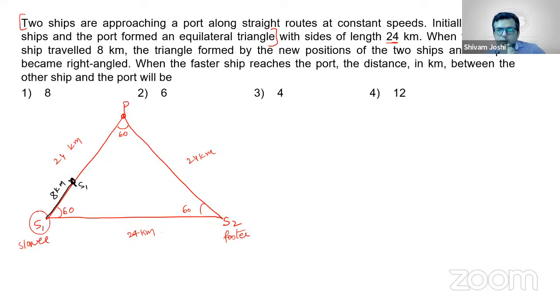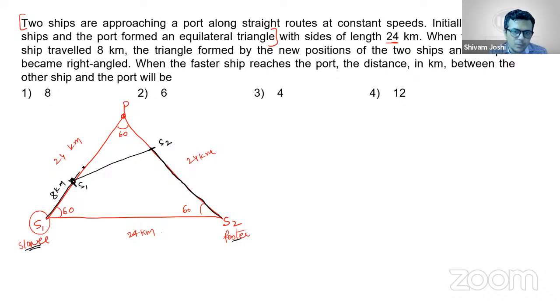The triangle formed by the new positions of the two ships and the port became a right-angled triangle. Obviously, we have considered this to be slower, so this has to be faster, and therefore the faster one will travel more distance. So in the same amount of time, let's say S2 has traveled a little more distance than S1, and they have reached a point where it makes a right angle triangle.